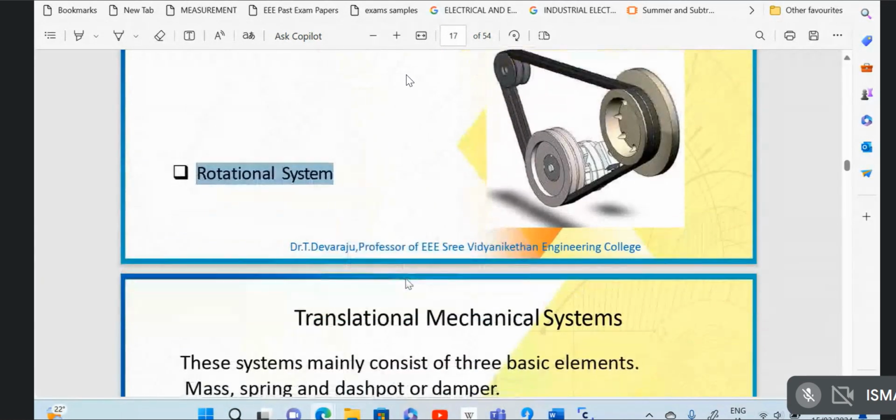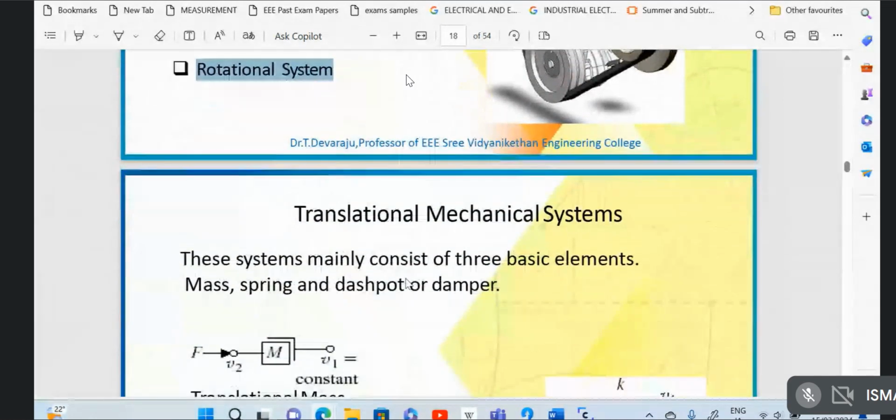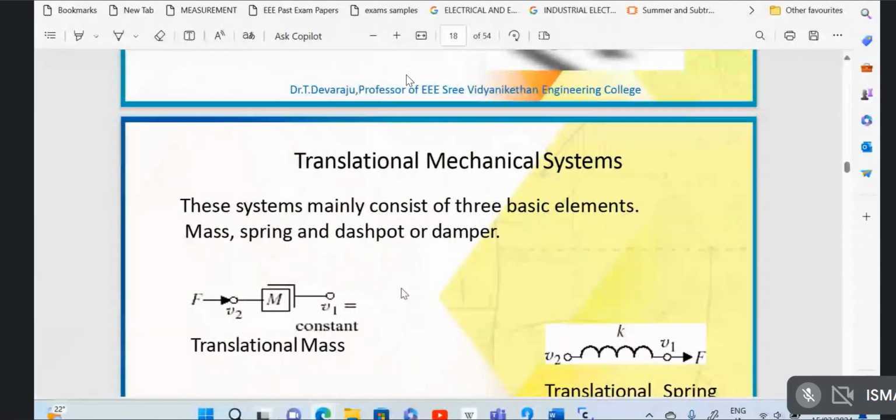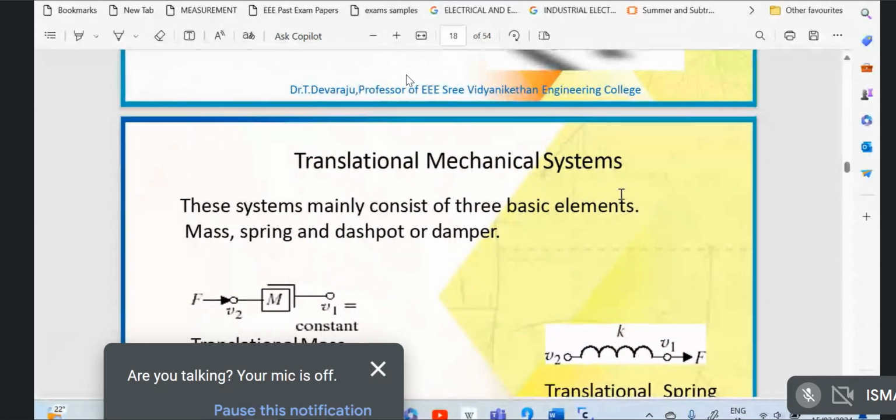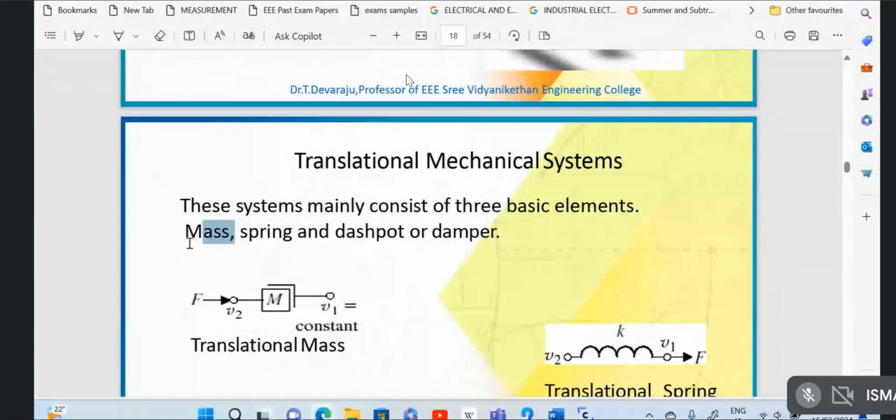So the translational mechanical system mainly consists of three basic elements: the mass, the spring, and the dashpot, or the damper.